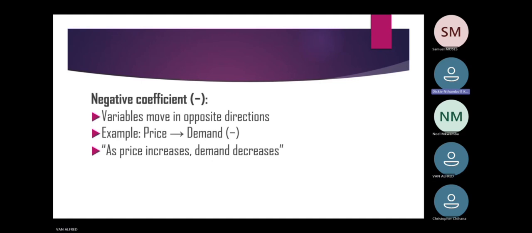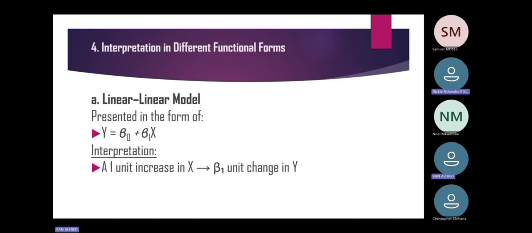As price increases, demand decreases. In this one, our variables are price and demand, meaning variables go in different directions.